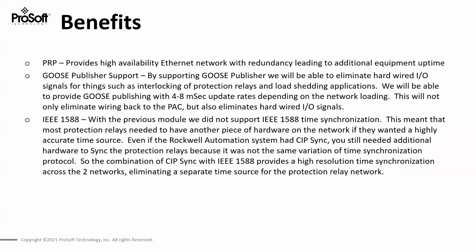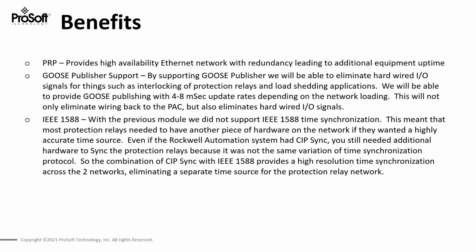So as I mentioned, PRP provides that high availability Ethernet network. A lot of you take advantage of DLR on your EtherNet/IP networks to provide that redundancy and high availability.